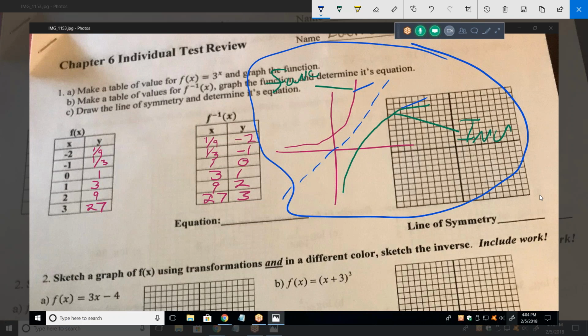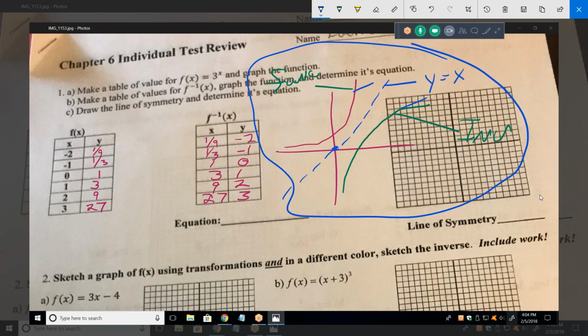About what line? What's the color of the line that they are reflections about? Blue. What's the equation of that line? Y equals x. Okay. That thing has a slope of 1. And it goes through this point right here. In other words, its y-intercept is 0. So it's y equals 1x.